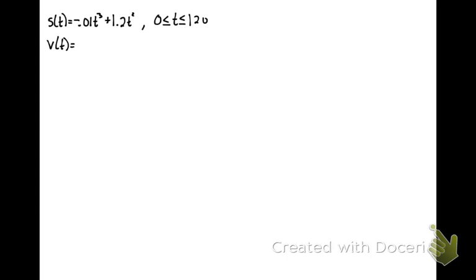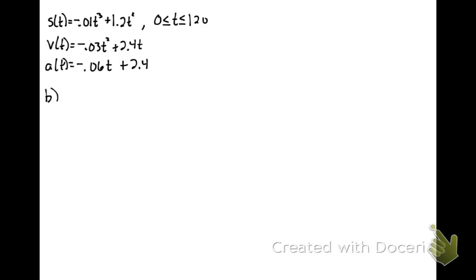Velocity is the derivative of position, so this would be negative 0.03 t squared plus 2.4 t for the velocity, and the acceleration, the derivative of velocity, would be negative 0.06 t plus 2.4. When is the roller coaster stopped for part B?